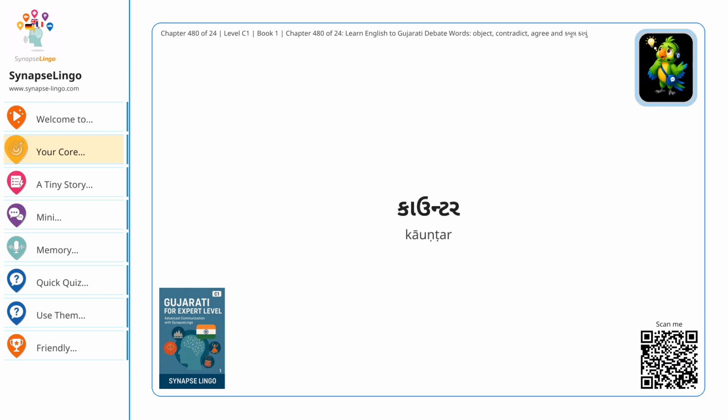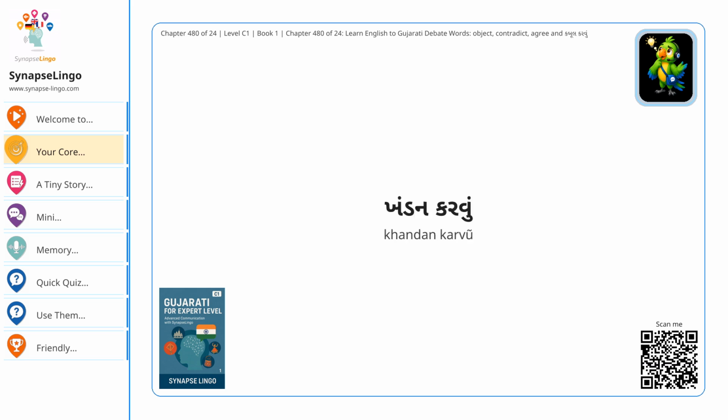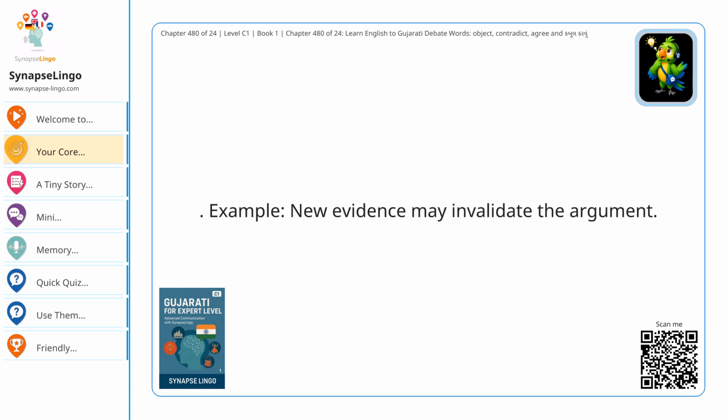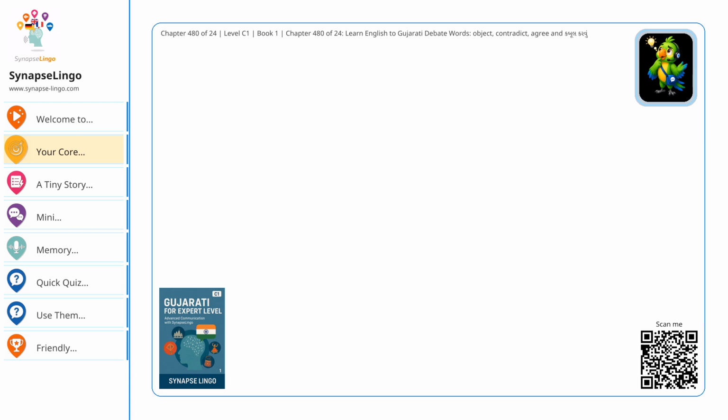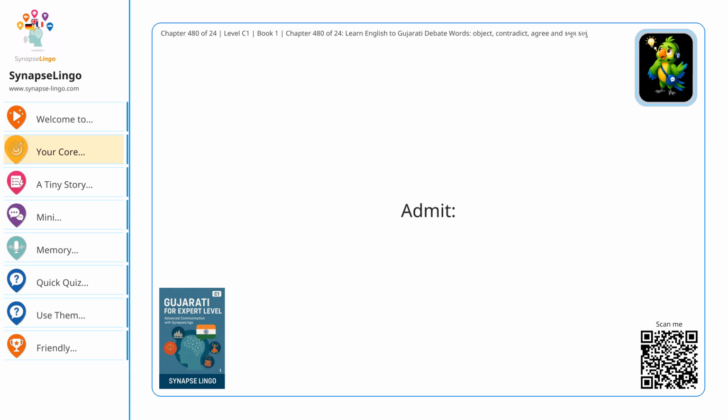Counter. કાઉન્ટર. Example. Please put the bags on the counter. Invalidate. ખંડન કરવું. Example. New evidence may invalidate the argument. Refute. ખંડન કરવું. Example. They tried to refute the claim with evidence. Admit. કબૂલ કરવું. Example. I had to admit the mistake.